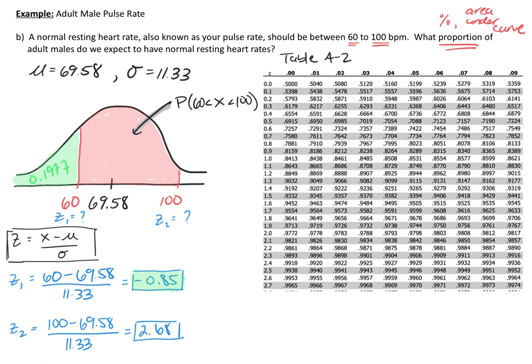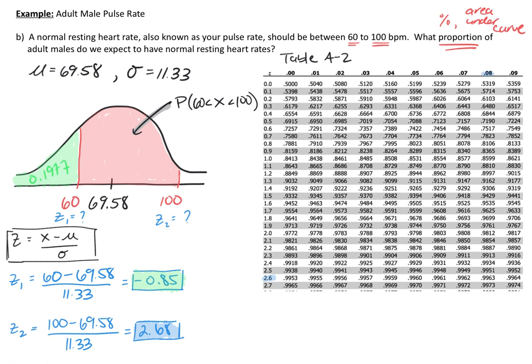I'll use blue to shade in the area that's to the left of a z-score of 2.68. That's the area to the left of a pulse rate of 100. I do have a screenshot of that table on the right, with the positive z-scores. I'm going to go down, search for 2.6, and go to the column that's 0.08.